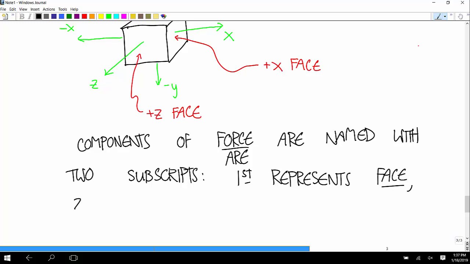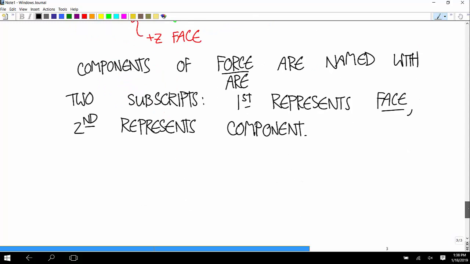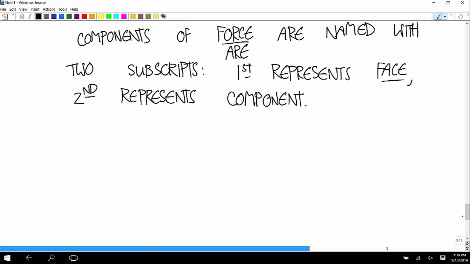And the second one represents the component of the force per area vector.